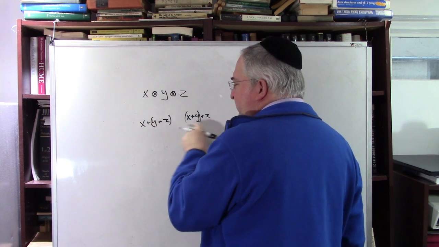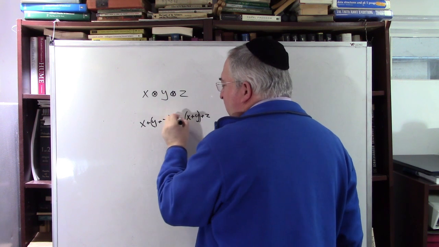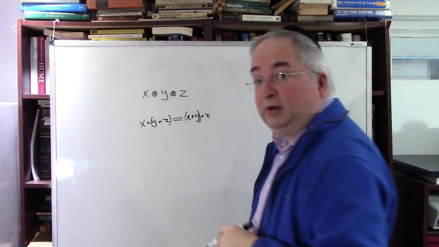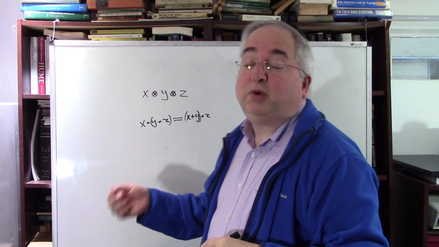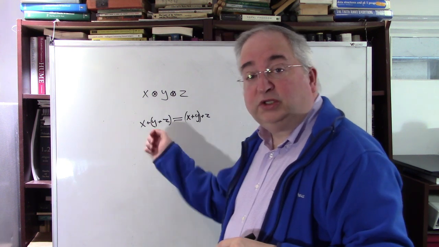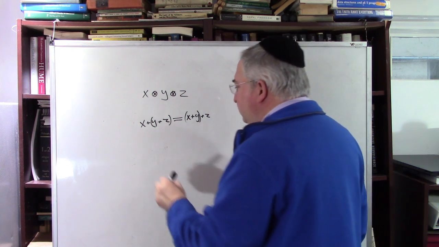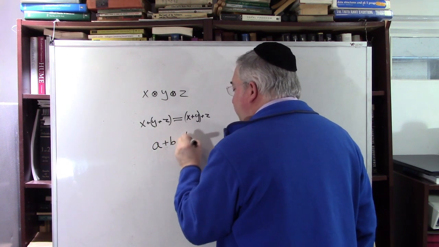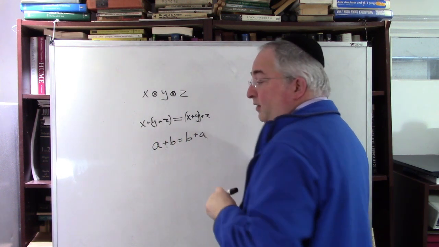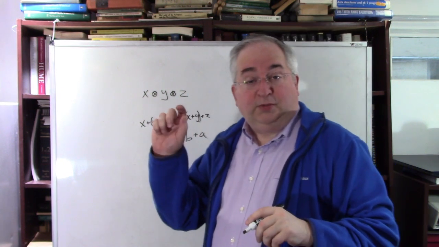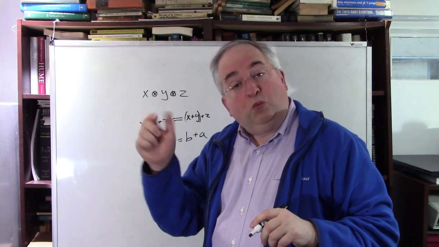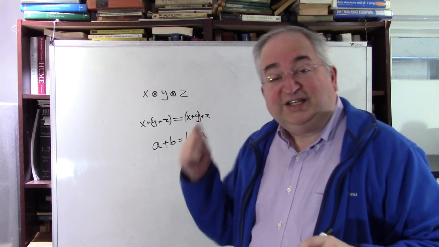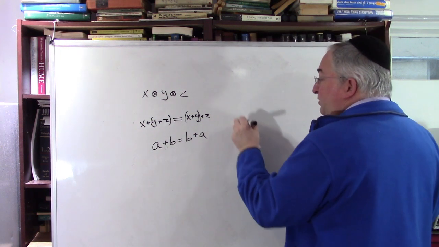You can put the parentheses this way or this way, they are equal, so you might as well leave out the parentheses. That's called associativity. Here's another thing: a plus b is equal to b plus a. When you add numbers, it doesn't matter what order it is. Now, this is different from subtraction.